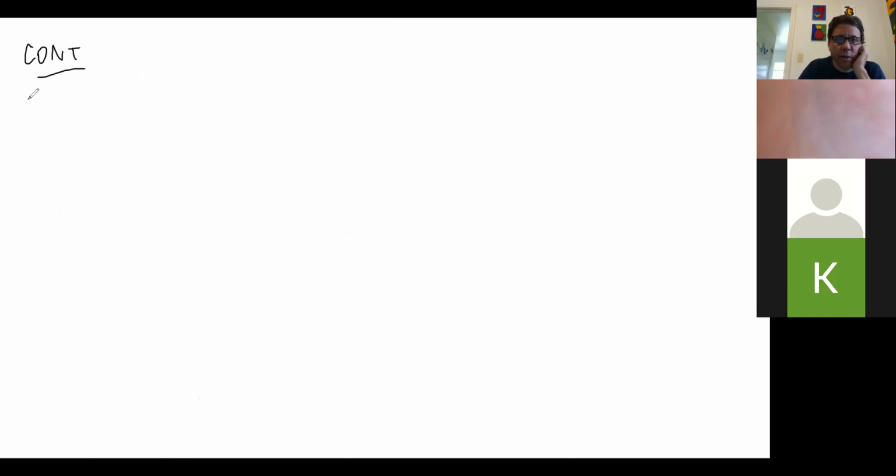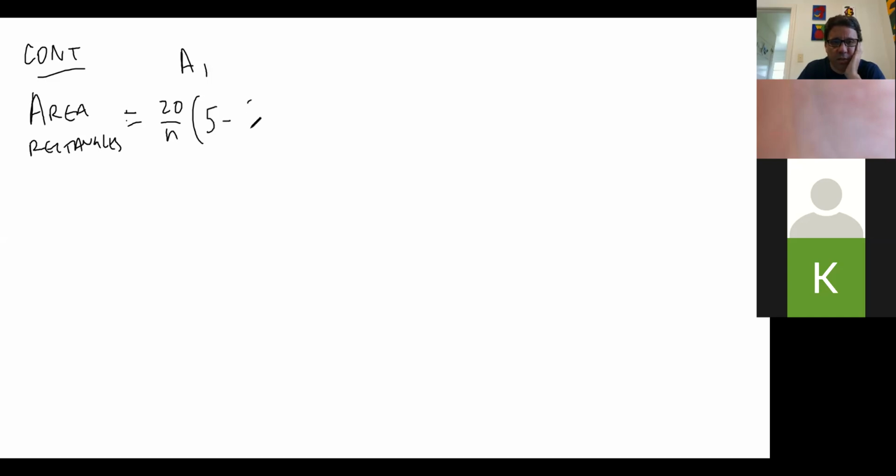So the area of the rectangles will be area 1, so that'll be the width, which is 20 divided by n, times the first height, which is 5 minus, I'm just recopying from the previous page, that's minus 10 plus 20 over n.